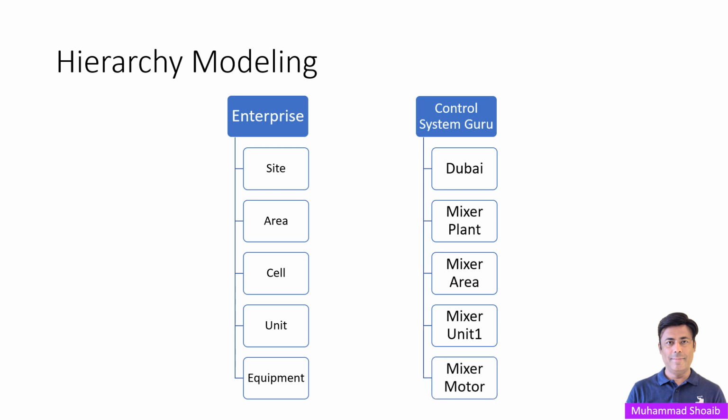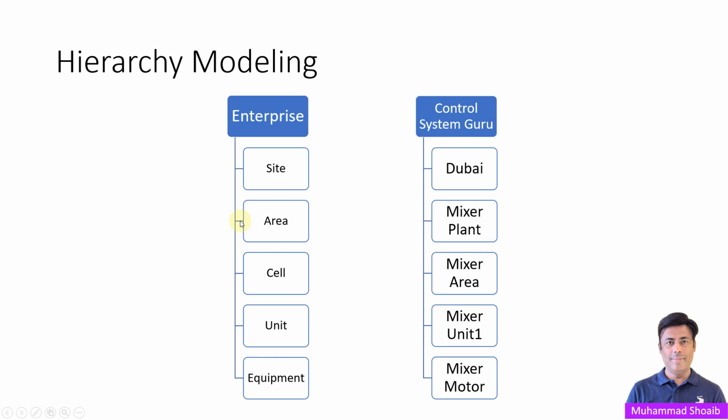And then we have our mixer motor, which is a piece of equipment. So we can use the naming hierarchy like that. In this tutorial video, on the top level, I will put the mixer plant as the first hierarchy, then mixer area, then mixer unit one, and then my motor name will appear.